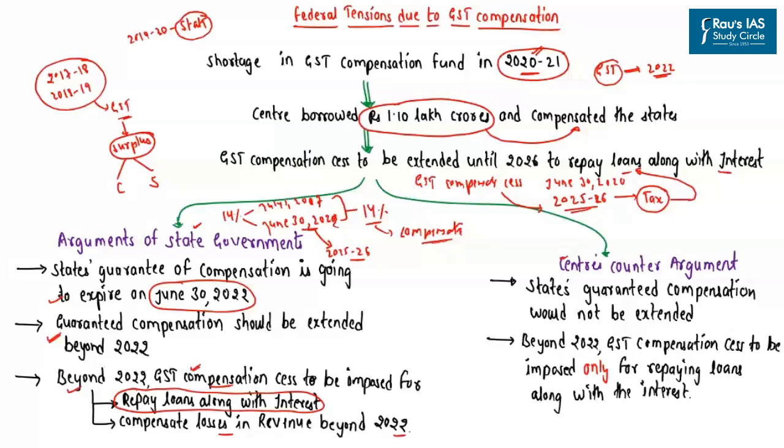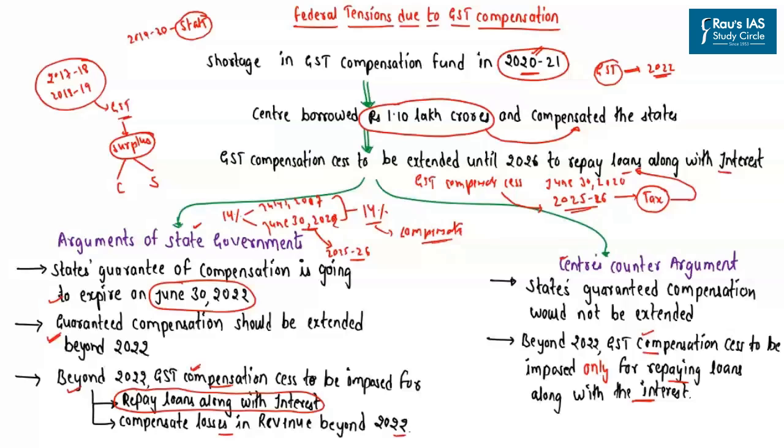The central government has said, look, we have extended the GST compensation cess, but whatever money we get from it, we will use only for repaying the loans along with the interest. This money we will not use to compensate the states for the loss in their tax revenue beyond 2022. So these are some of the important aspects one should know as far as this particular article is concerned.